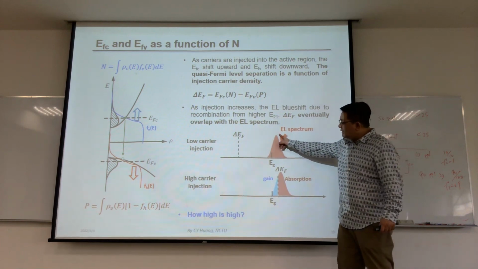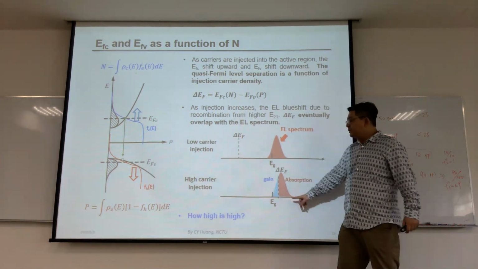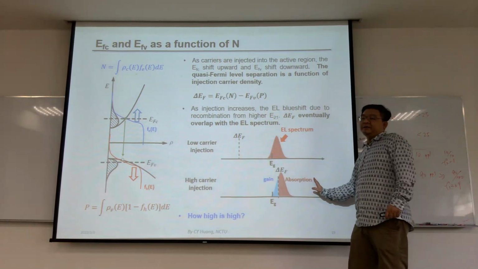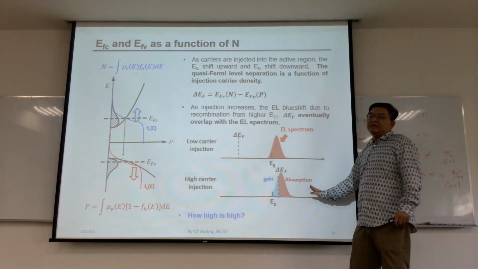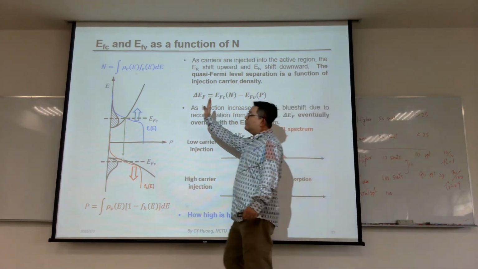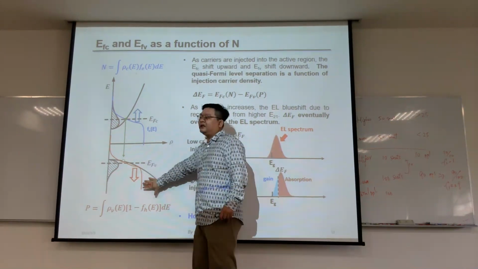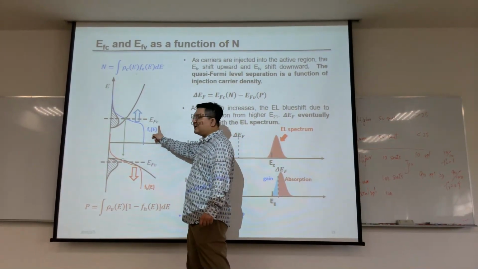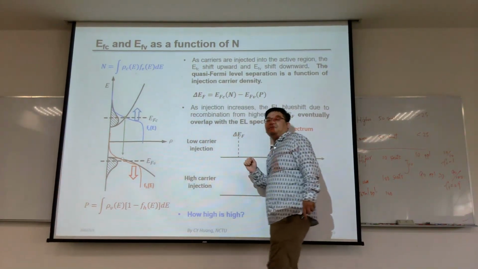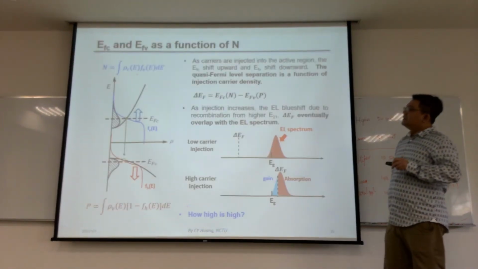So if you want the material to provide gain at higher energy, you need to shift the Fermi level to the higher side. That means you need to pump harder to generate more electrons in the conduction band and more holes in the valence band. So the Fermi level EFC will keep increasing and EFV will keep decreasing. Okay, so let's take a rest.